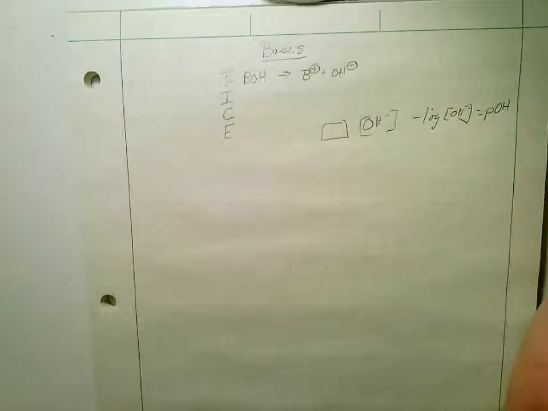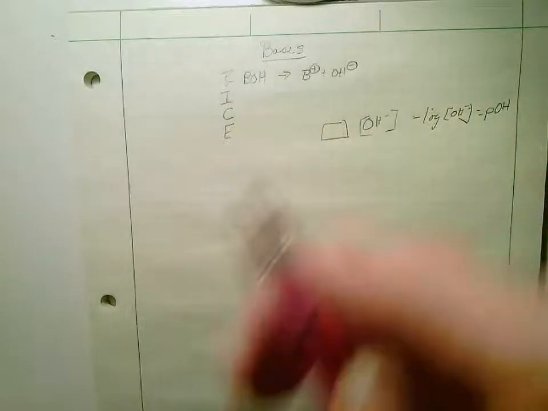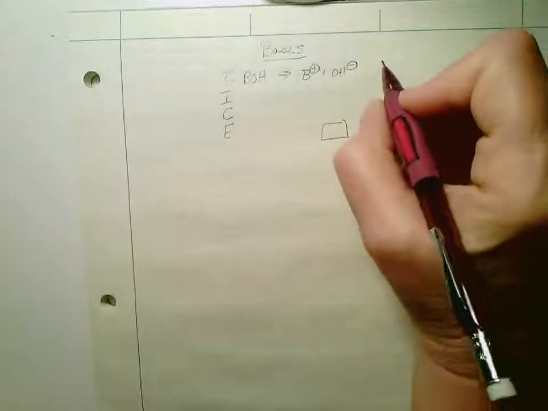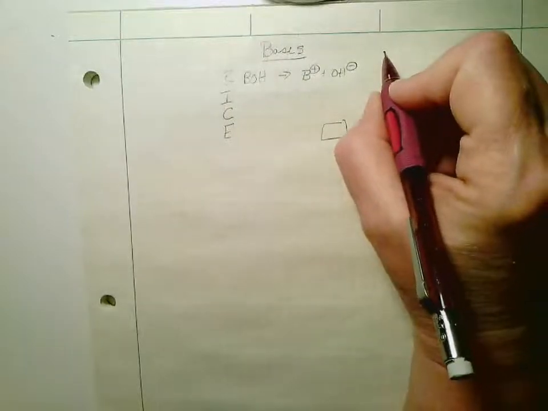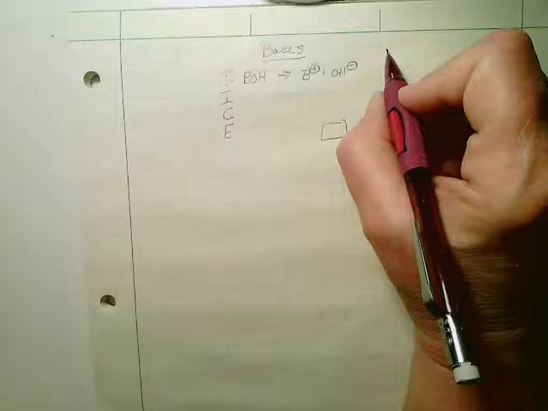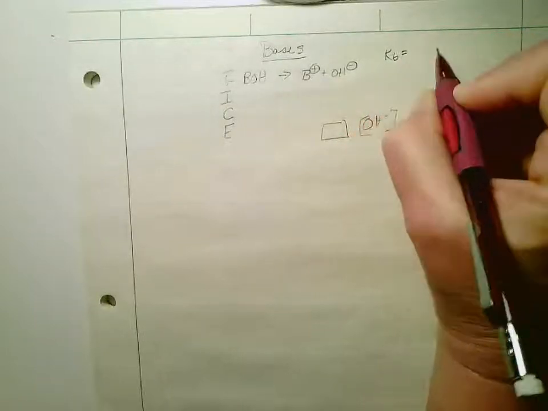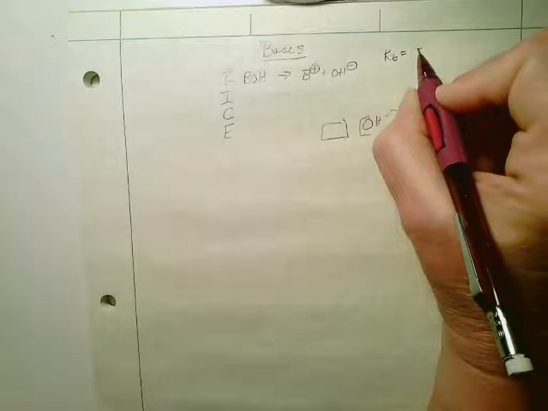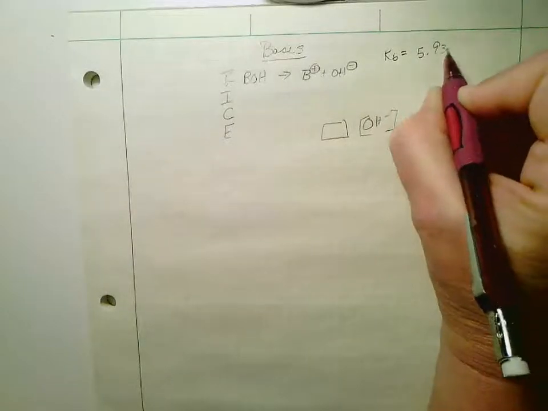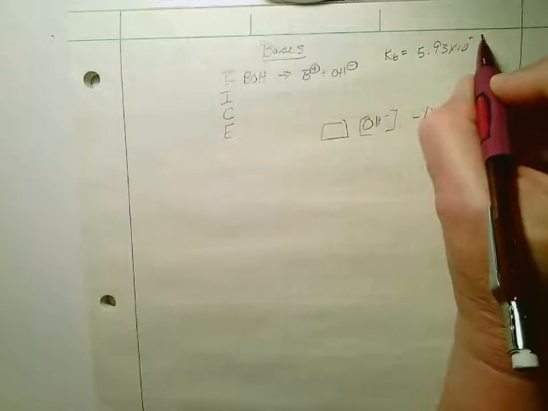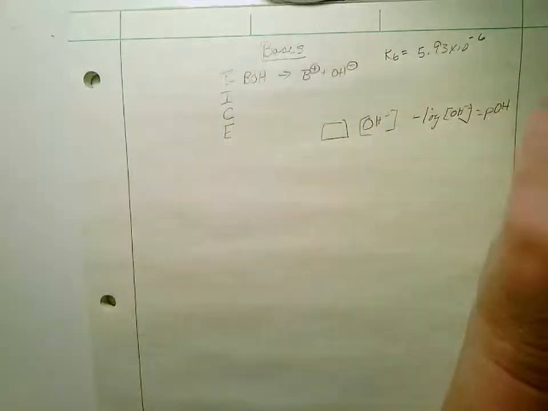So let's do an example. Let's say we have a weak base and its Kb is equal to 5.93 times 10 to the negative 6.